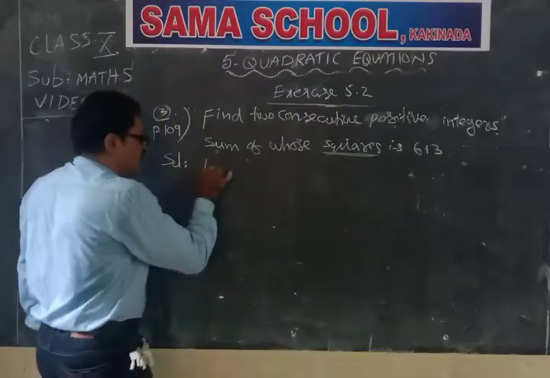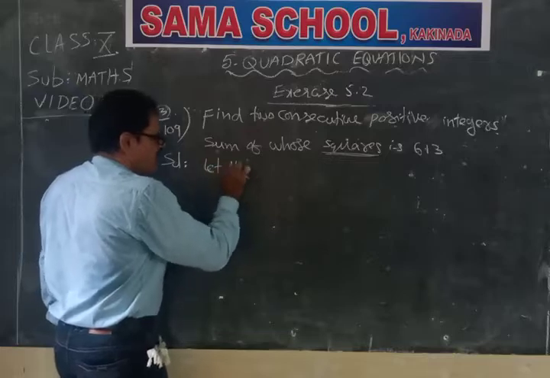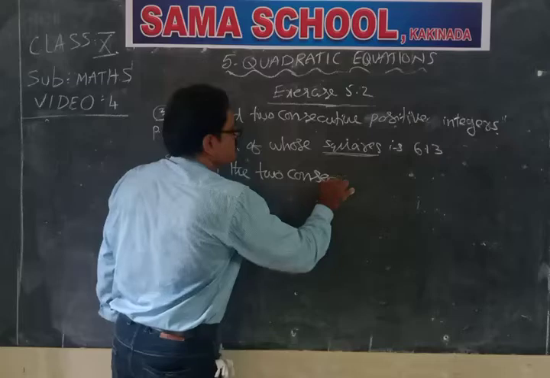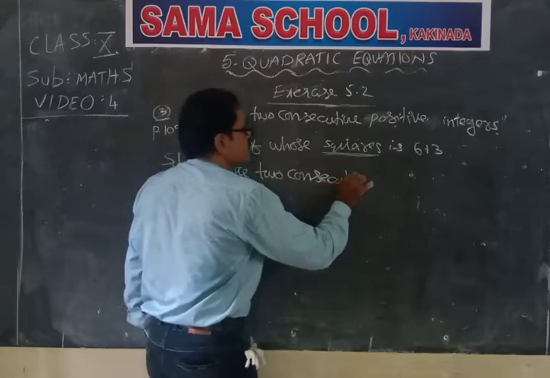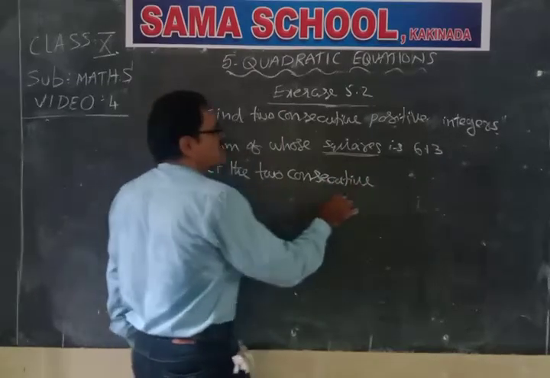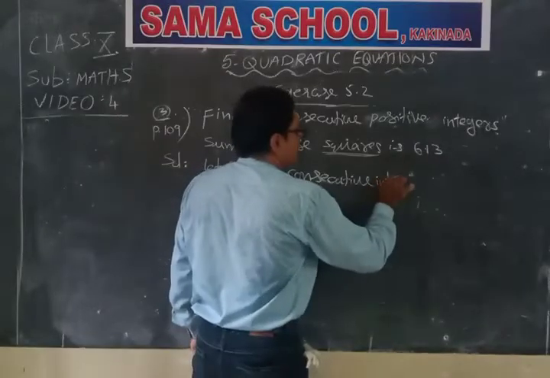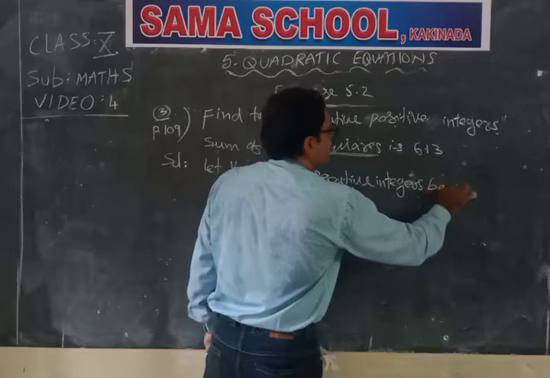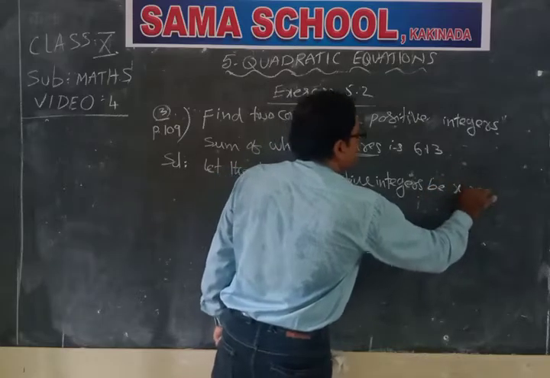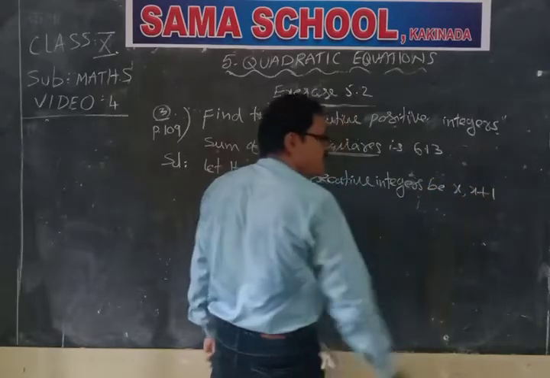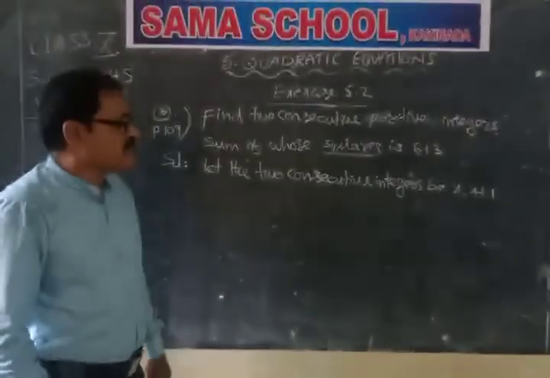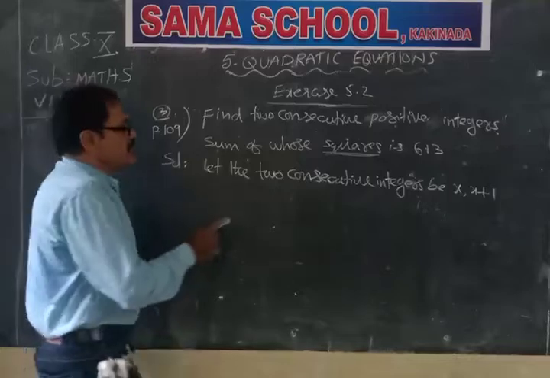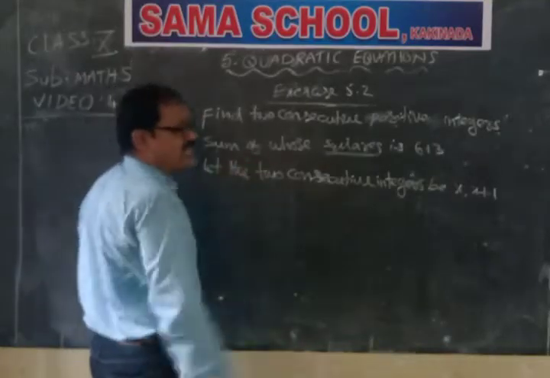That's why let the two consecutive integers be x and x plus 1. Sum of whose squares is 613.